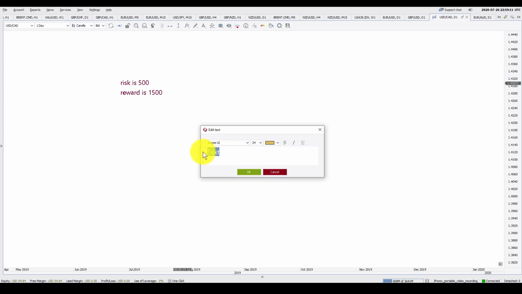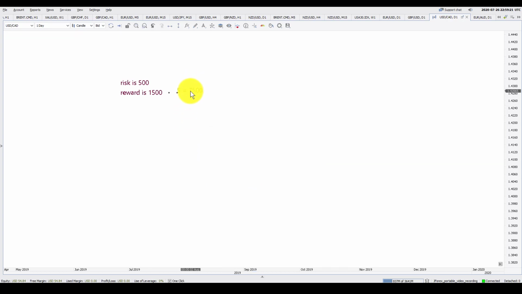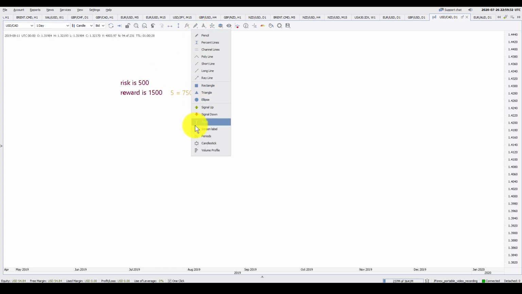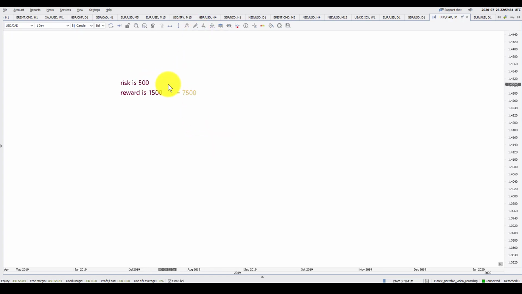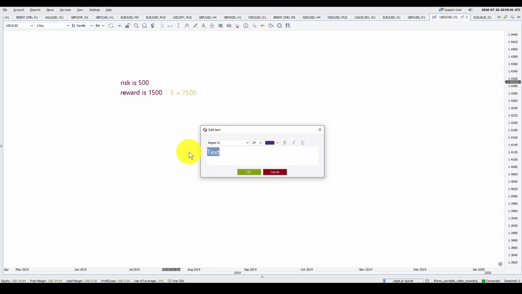If you win 5 trades, that means 1500 times 5 is equal to 7500, right? So you are going to win 7500. And what are you going to lose? Because you have lost 5 times, you are going to lose 5 fives are 2500.